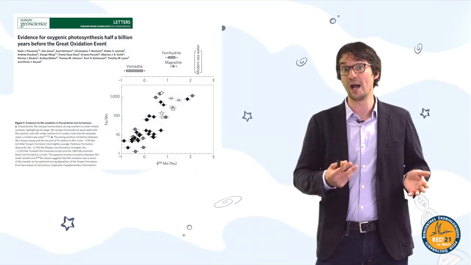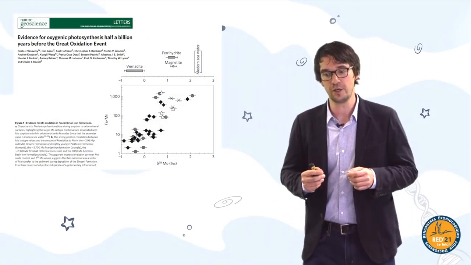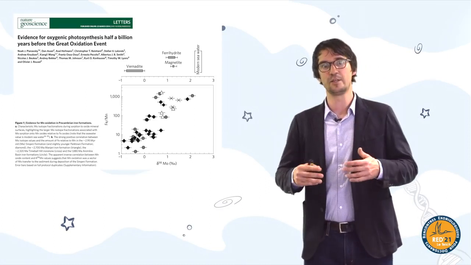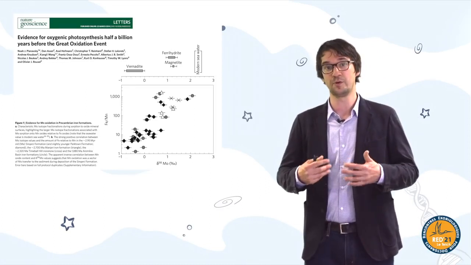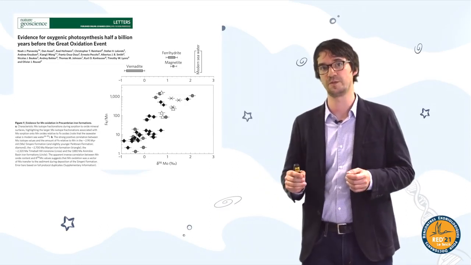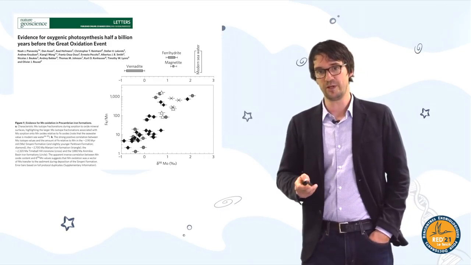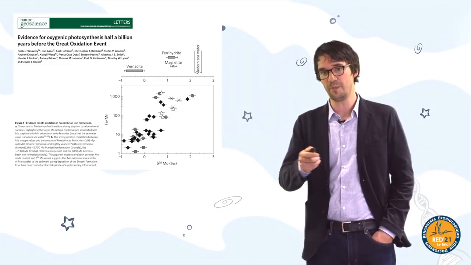And you should recall that we mentioned how molybdenum requires oxygen to be liberated to seawater, but in fact there are certain steps in the molybdenum geochemical cycle that impart characteristic fractionations on the stable isotopes of molybdenum in the presence of oxygen.